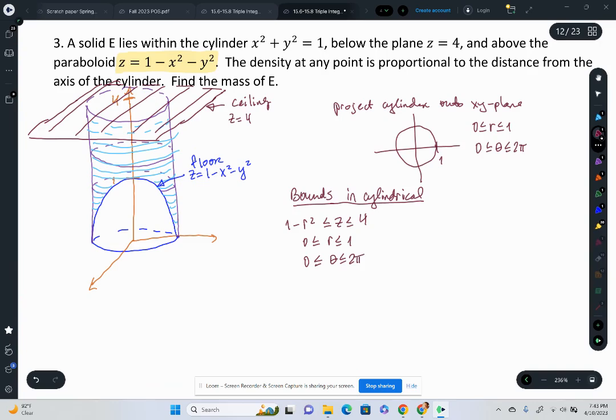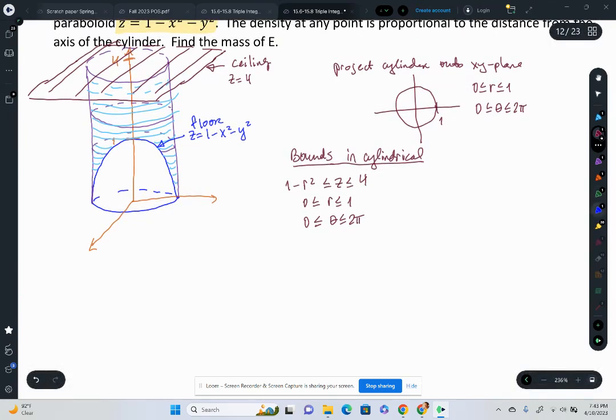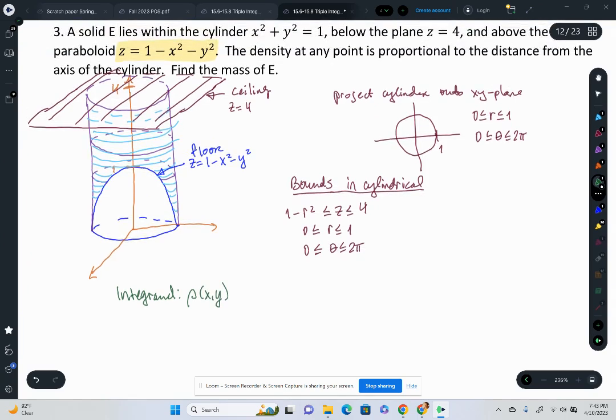Okay, yay. We need an integrand. So for the integrand, we have a density function. The density at any point is proportional, that means it's equal to some k, to the distance from the axis of the cylinder. The axis of the cylinder is where x and y are 0. z is not 0 there.